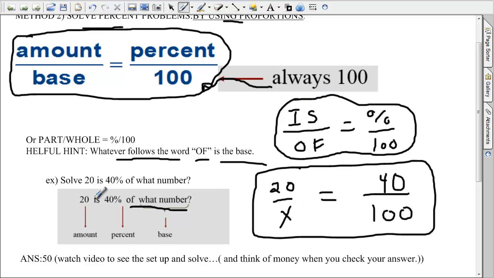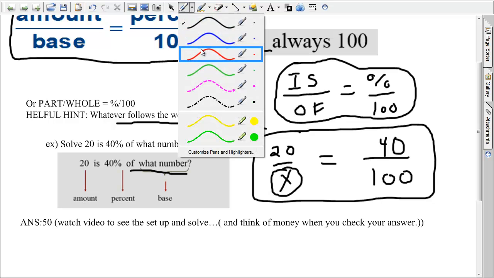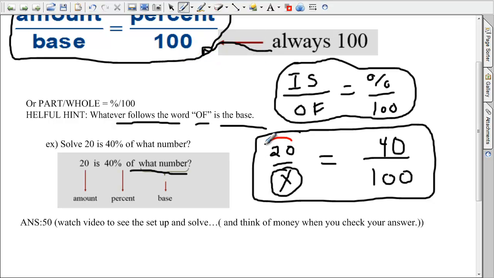So 20 is, there's my is, 40%, there's my 40, of what number? So the of is down here. When you arrive there, I'm going to do this in another color, red. When you arrive there, you've set up your proportion so you can cross multiply and solve.